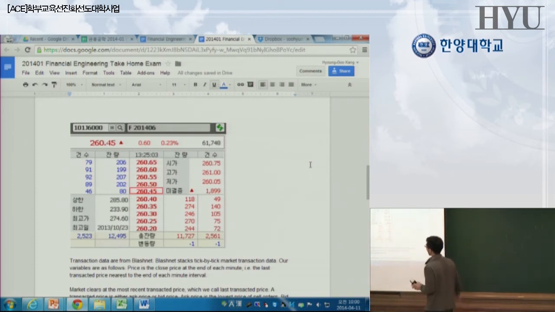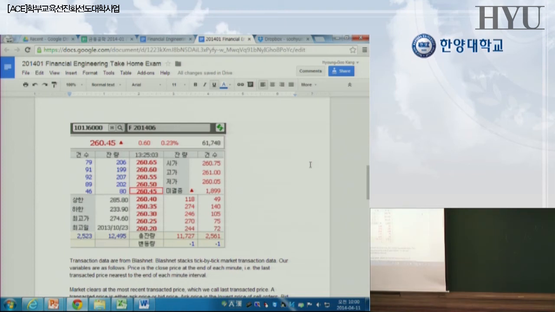So this is the market price, and then this is a series of sell limit order prices. Currently the market price is 260.45, and there is a remaining order of 80. This 80 is not executed, maybe because we have more demand than supply.